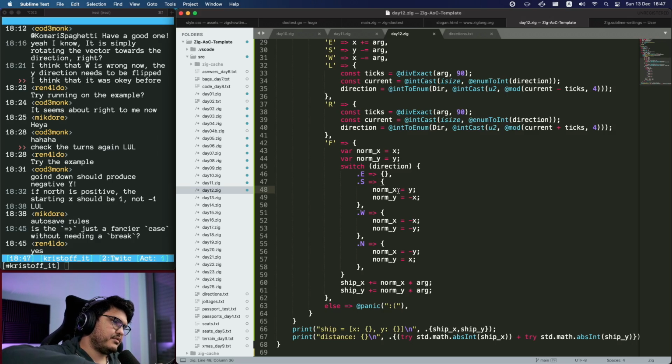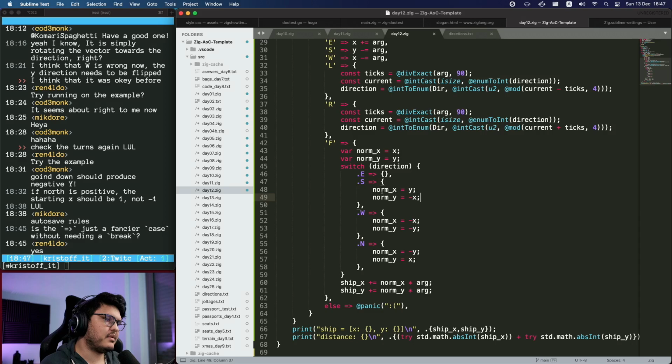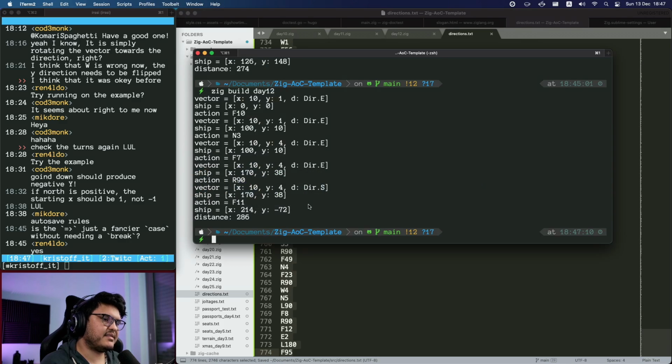South is X is Y, Y is minus X. Yes. Okay. Yeah, I'm an idiot. I was looking at this and thinking that this was the north case, but it's not. Okay, so this is back to making sense to me.